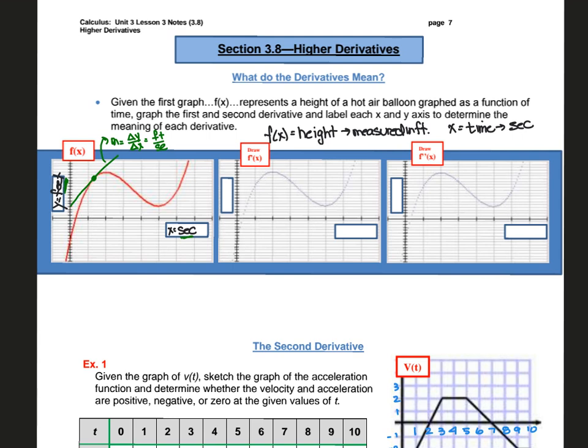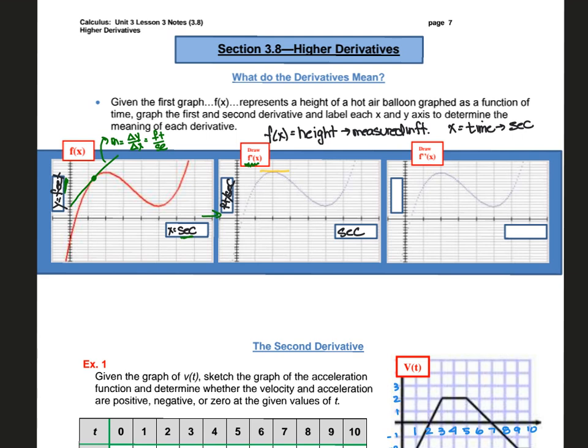So when we go to the next graph and we look at our first derivative, we will now be graphing a function that has an x value of seconds and a y value of feet per second. So when we graph this, remember, we think about a few things.